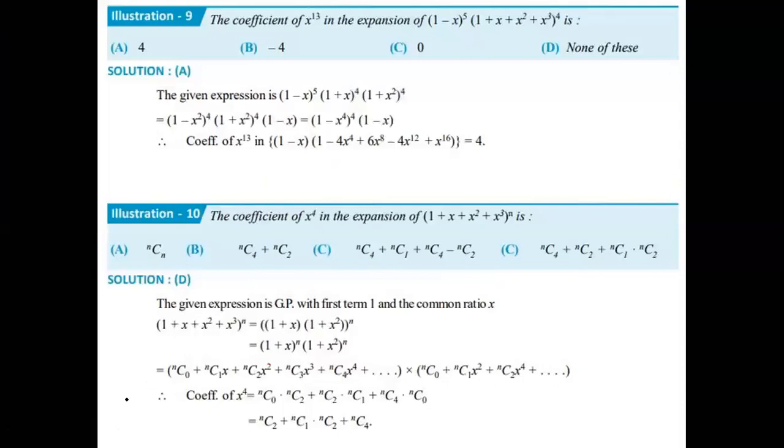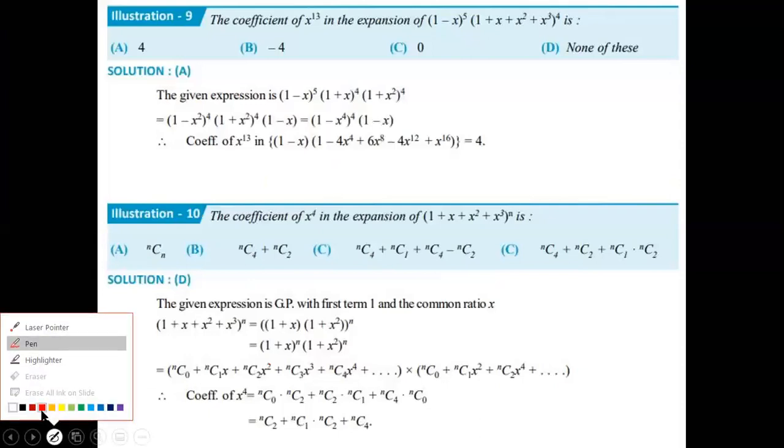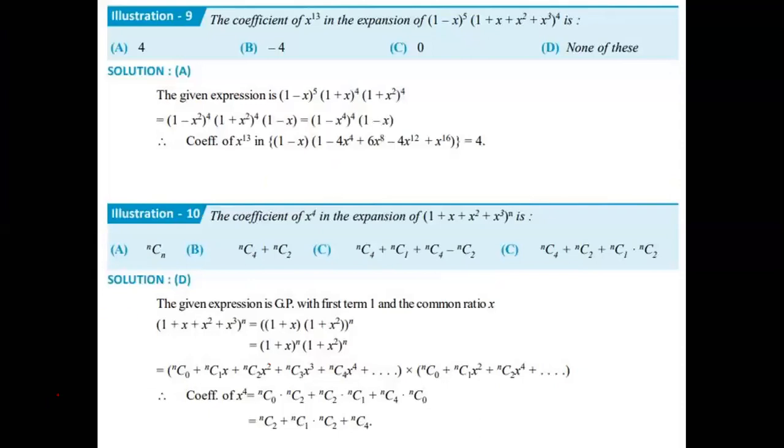Now see, these are different models. You can practice yourself. Write down: coefficient of x power 13. How to find it? Just to discuss, take x square as a common factor: (1 plus x) into (1 plus x square) whole power 4. You can write like this.